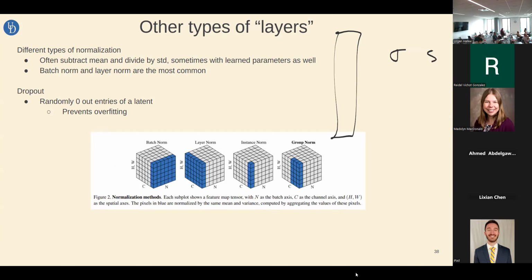Then we would take our input. Mu for mean, and we'll call it sigma for standard deviation, and do x minus mu over sigma. Very common way to normalize, to get everything in a more appropriate distribution, perhaps.